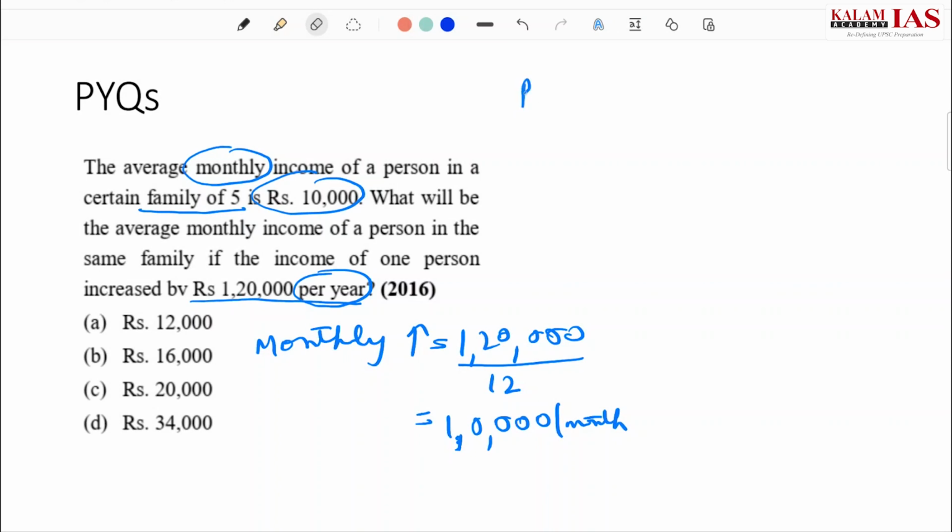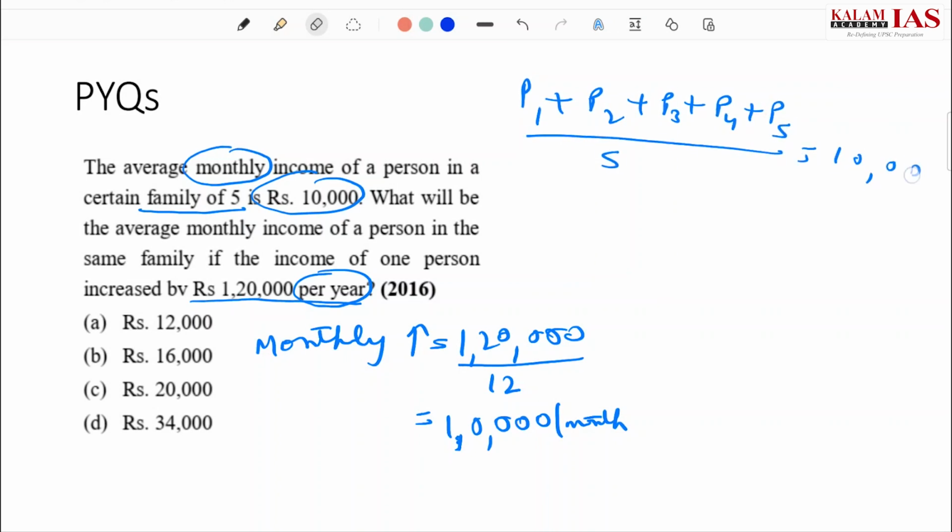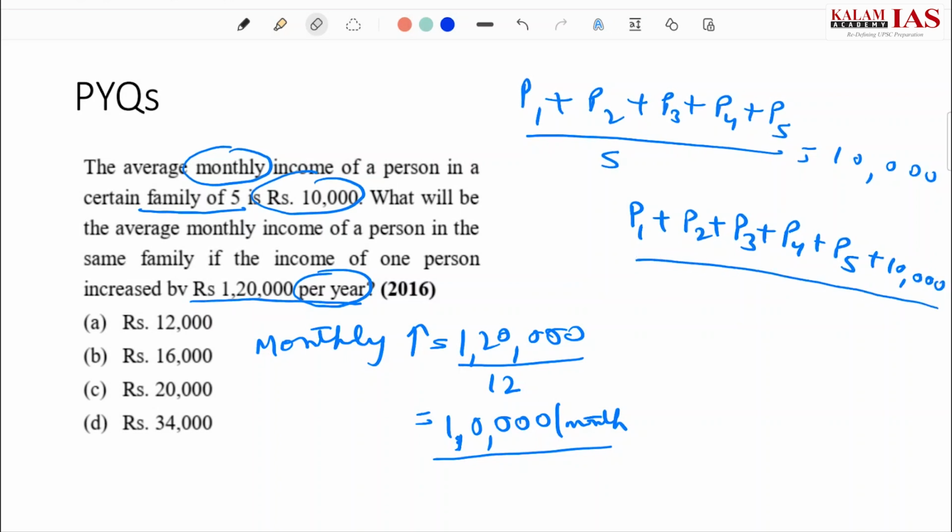So there are 5 people in the family, P1 plus P2 plus P3 plus P4 plus P5 and उनका जो एवरेज है वो है 10,000 पर मंथ. अब इन्होंने कहा है एक पर्सन का मंथली इनकम इंक्रीज़ हो गया 10,000 पर मंथ से. तो पहले जो एवरेज था P1 प्लस P2 प्लस P3 प्लस P4 प्लस P5 प्लस 10,000 हो चुका है क्योंकि एक पर्सन की इनकम बढ़ चुकी है और नंबर ऑफ़ पर्सन सेम है. सो इसकी वैल्यू है 50,000.